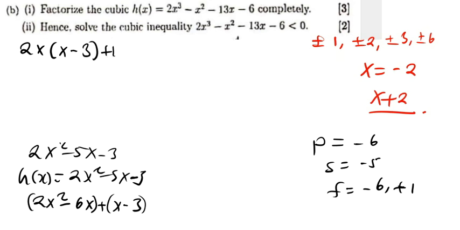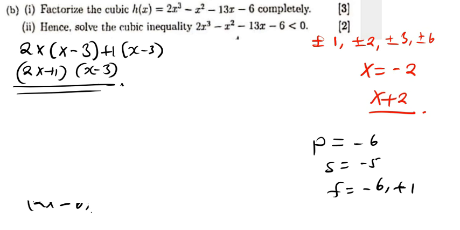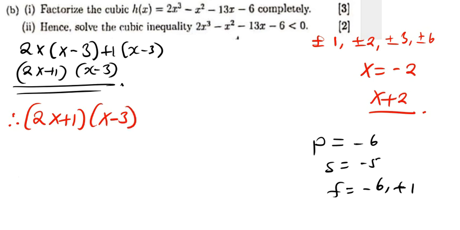Then here I'll factor out 1. I'll have x minus 3. Then it's now 2x plus 1 times x minus 3. So now we have factorized this. Therefore the answer is 2x plus 1, x minus 3, and also x plus 2.